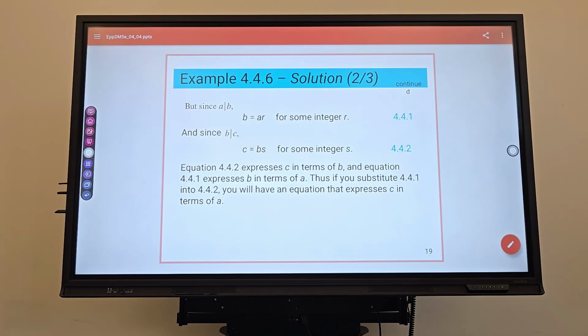Since the second statement expresses c in terms of b, and the previous one expresses b in terms of a, you can substitute 4.4.1, this one, into 4.4.2.